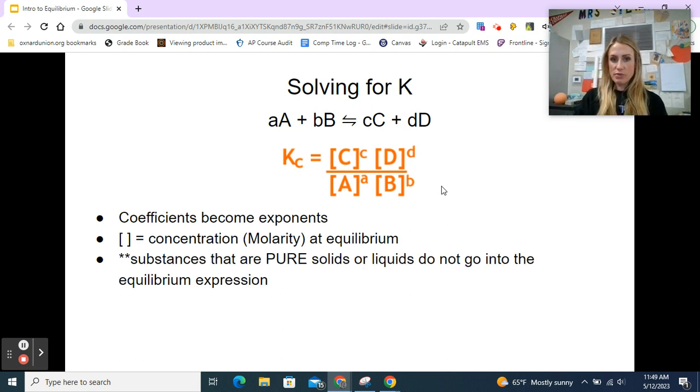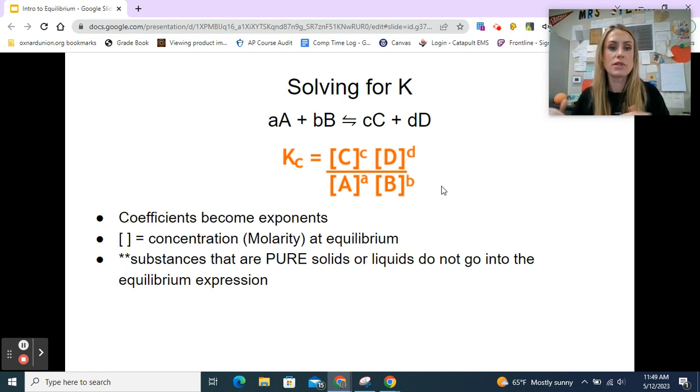Now, substances that are pure solids or liquids are not going to go in this K expression, and that's because they don't have a concentration, right? Concentration only applies to gases because that concentration can be changed depending on the density of the gas or the volume or the pressure. However, like a liquid or a solid, we can't change those concentrations. We can change concentrations of aqueous substances.